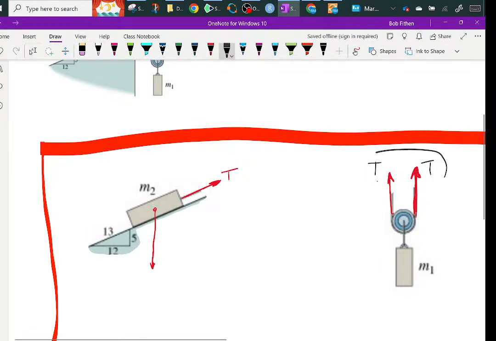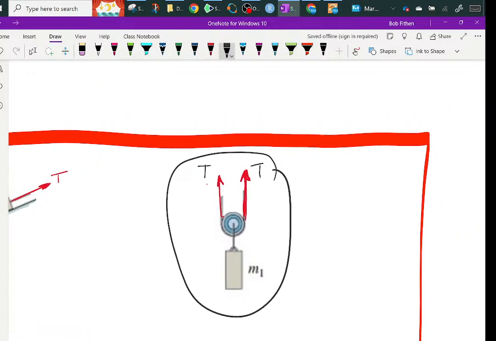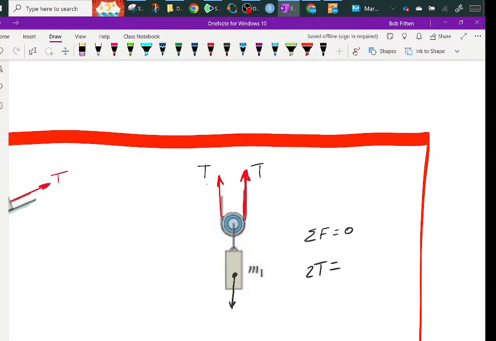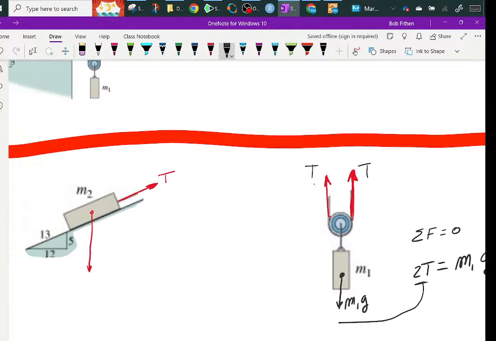So if there's nothing moving over here, there's no movement, then the sum of the forces equals 0. And that means 2T is equal to, and the free body diagram looks like this. So again, there's no movement yet. Okay. M1 times G.